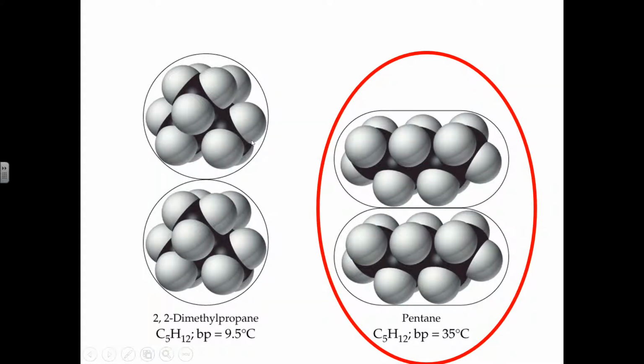They're going to be able to have all these interactions right here. And so the molecule on the right, this isomer, would have stronger intermolecular forces. You can see the boiling point changes. Even though they're both C5H12, the one on the right has a much higher boiling point.